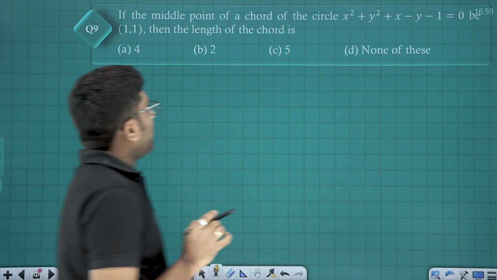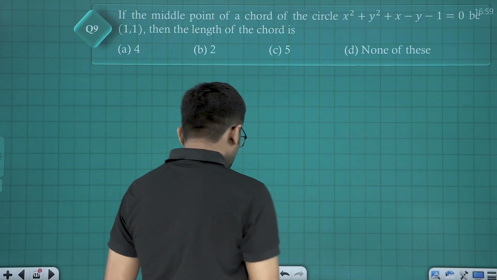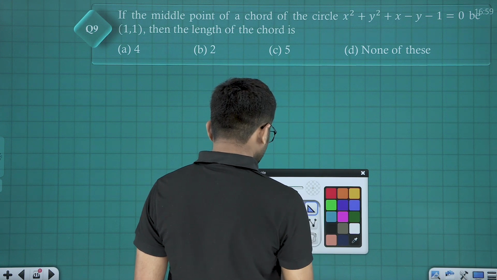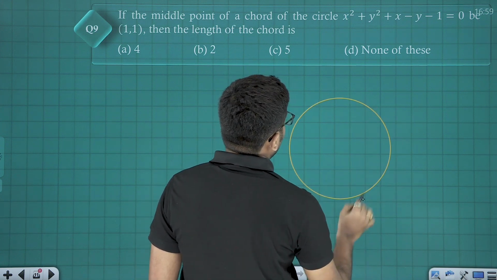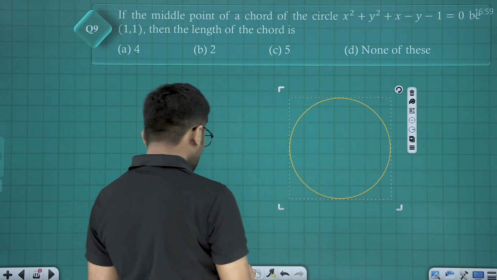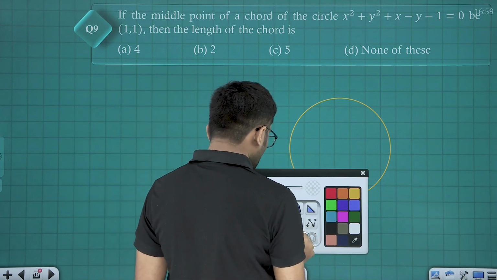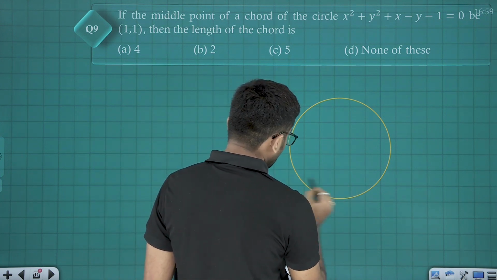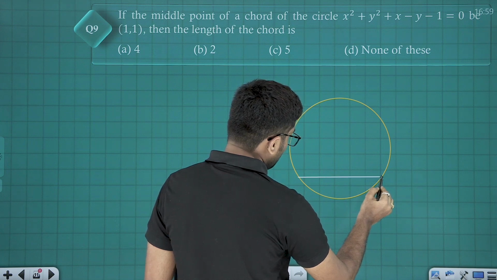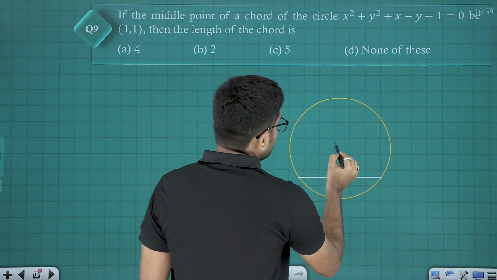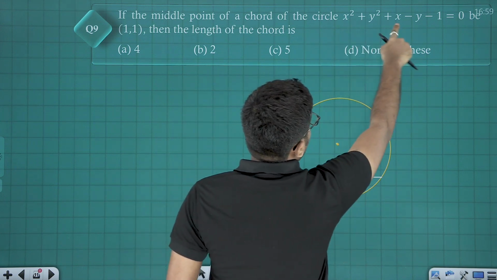If the middle point of a chord of the circle, there is one circle, friends. They have given the middle point of the chord. Let's draw one chord. The circle is x square plus y square plus 2gx and so on.